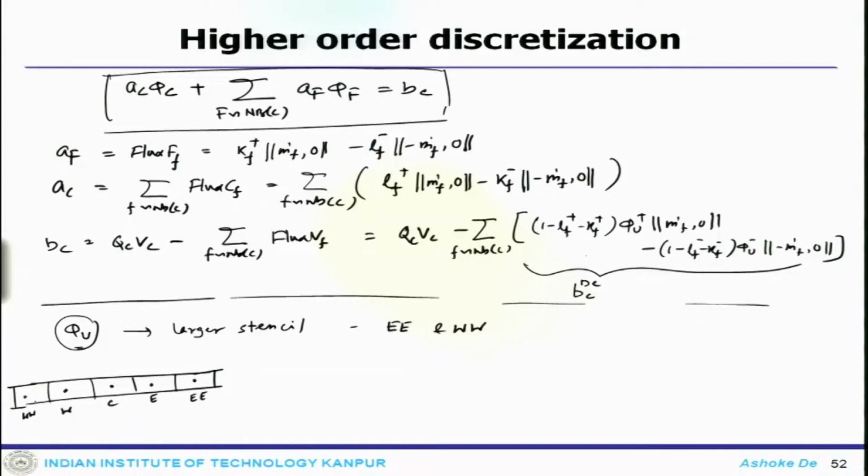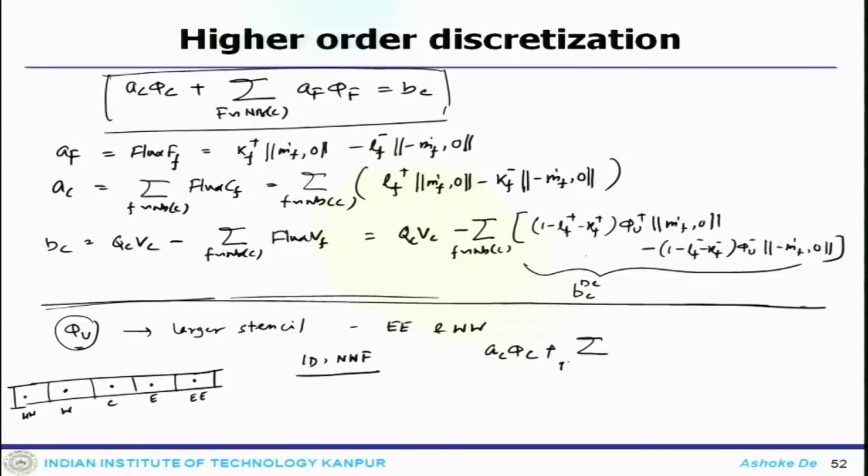For the 1D system, we can again simplify this particular set of multidimensional formulation to the 1D NWF formulation, and there it will still be AC phi C plus the sum over F going from E, W, EE, WW of AF phi F equals BC.